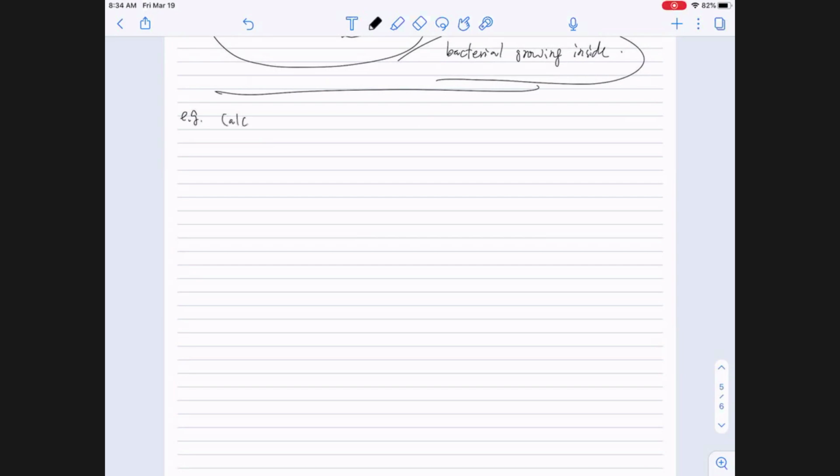From this, we need to know the area, which is 5 times 0.8, so it's 4 millimeter square, and we know the shear strength tau is 50 megapascal.